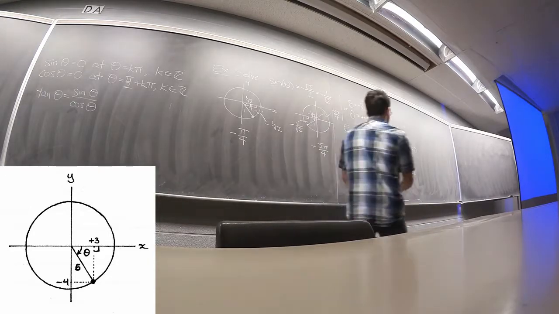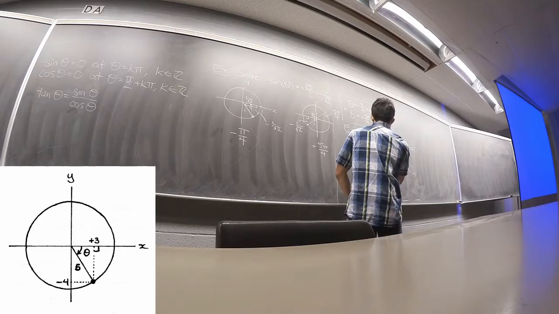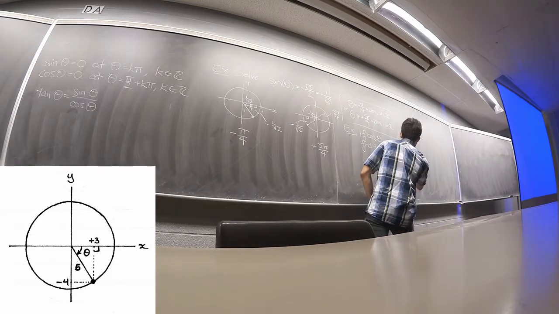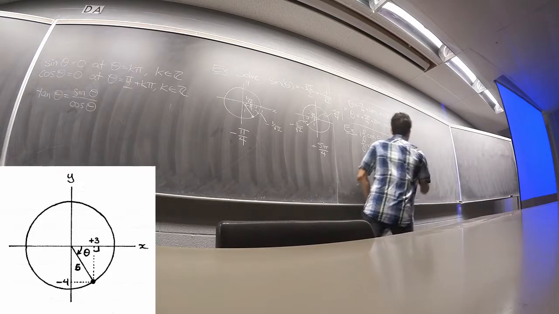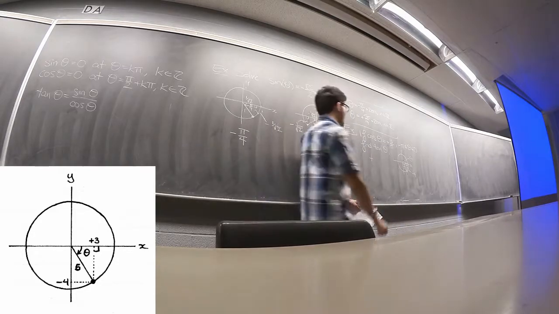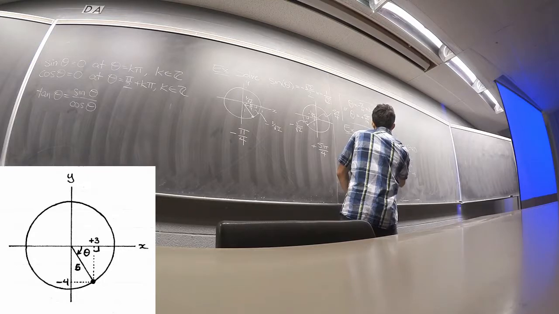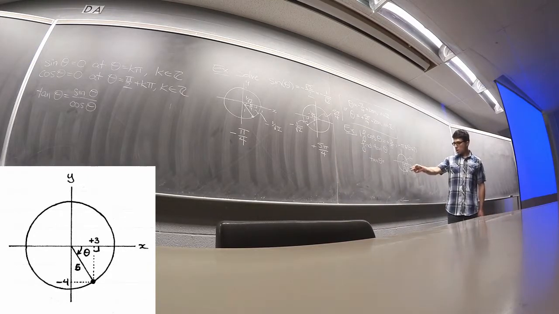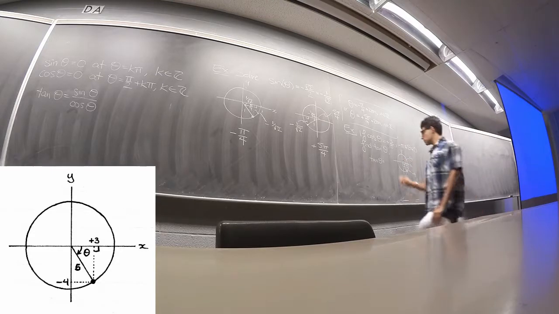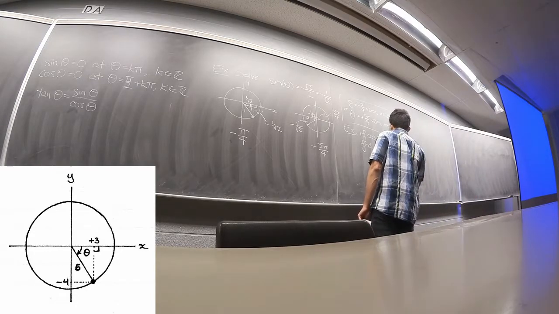So easy peasy. Let me say the theta was this thing, going this way. And tan theta is minus 4 over 3.